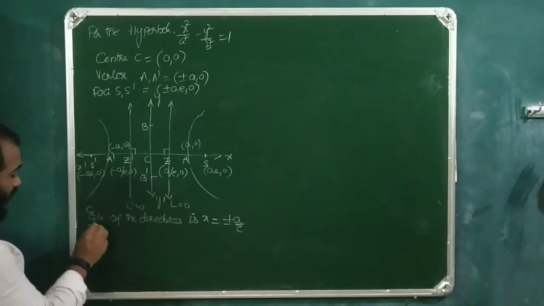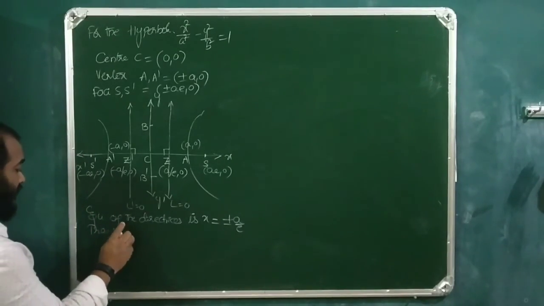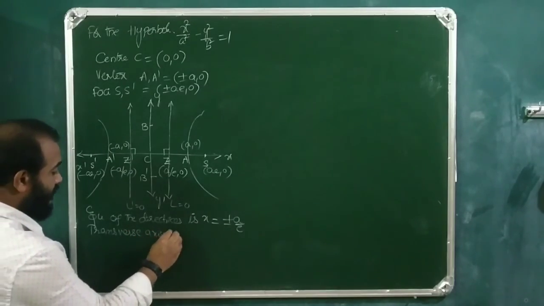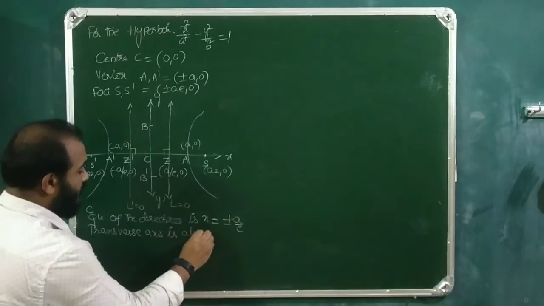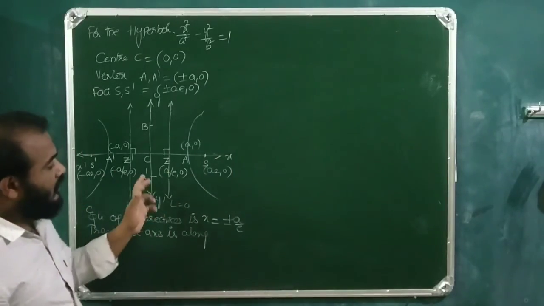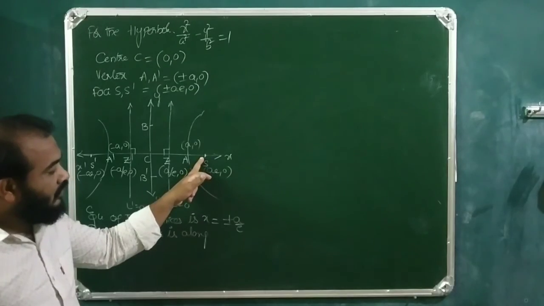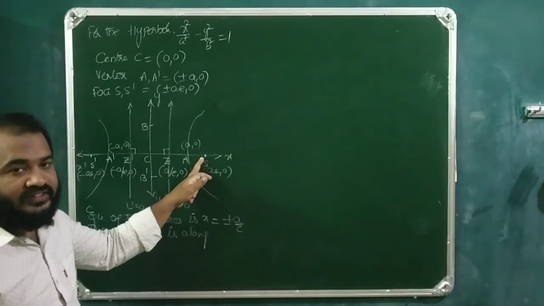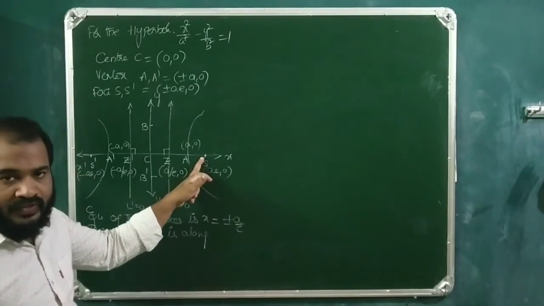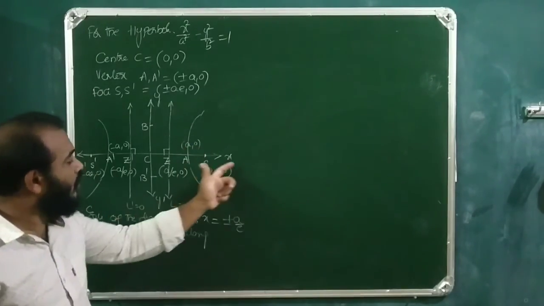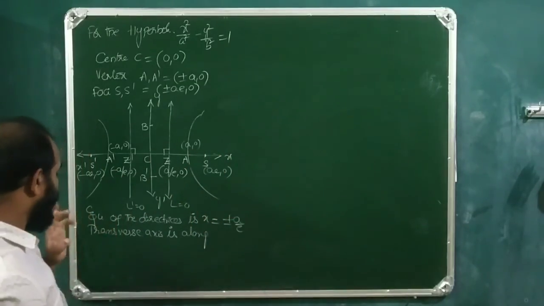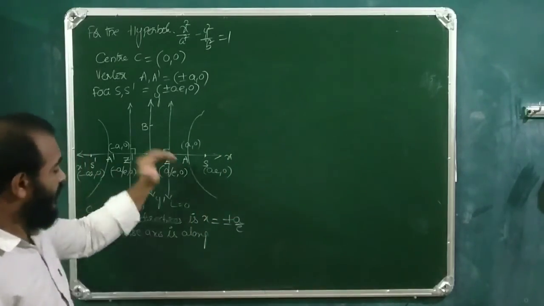Here the transverse axis is along, this is the transverse axis. So what is the transverse axis? The line which is passing through the focus is called the principal axis or transverse axis here. So the transverse axis is along x-axis.